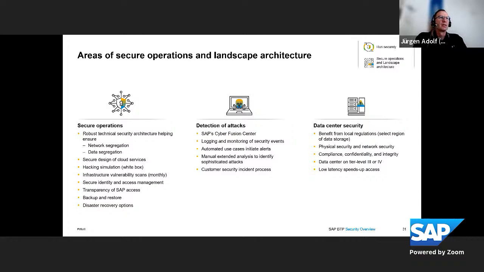So we have a robust technical security architecture helping to ensure network segregation and data segregation. And we securely design our cloud services, have infrastructure vulnerability scans, hacking simulations. As you learned, we have the secure identity and access management, backup and restore, and disaster recovery we also have.